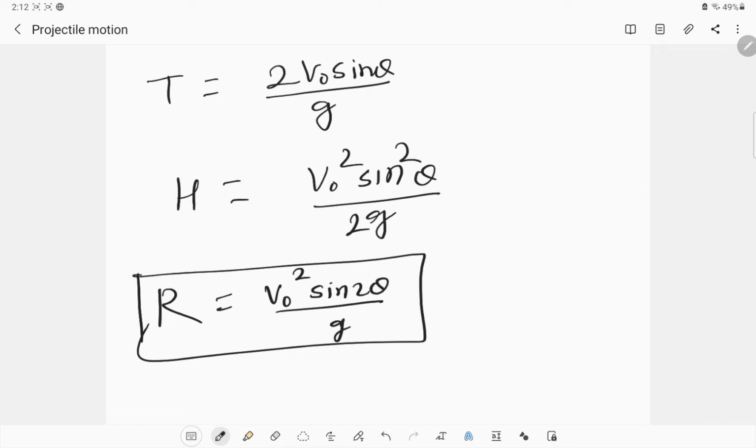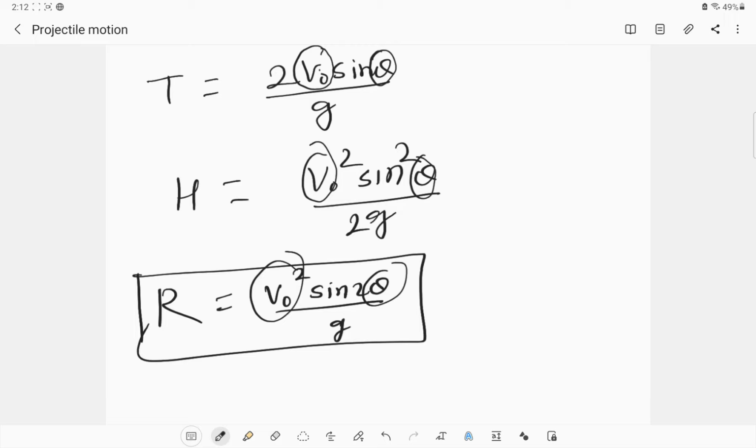So these are three important equations. If you look at these three equations, what will you see? In the right hand side of all of them, one variable included is v naught, initial velocity, right? Second thing is angle theta. These are two things that determine maximum height, time of flight, and the horizontal range of the projectile motion.